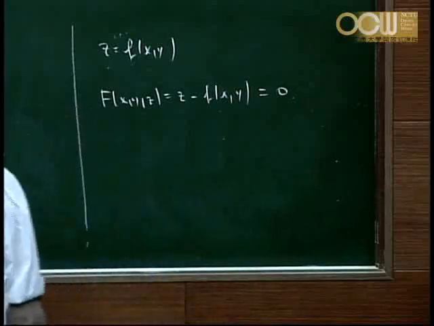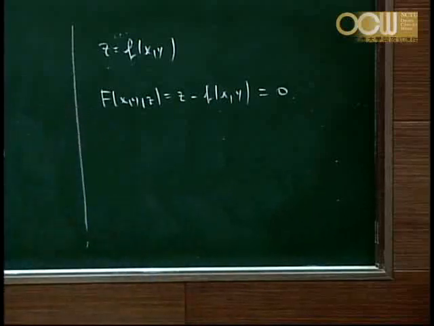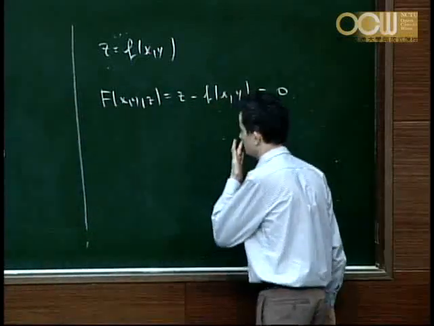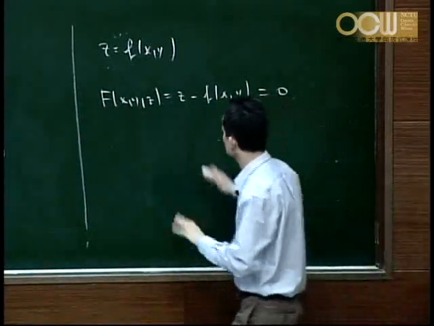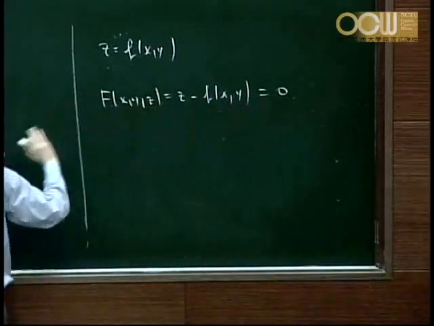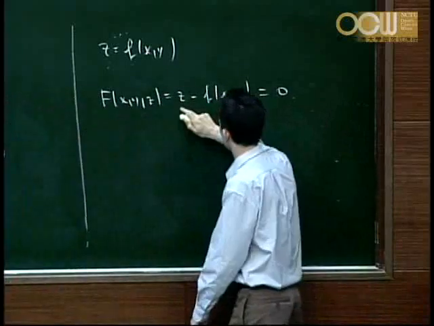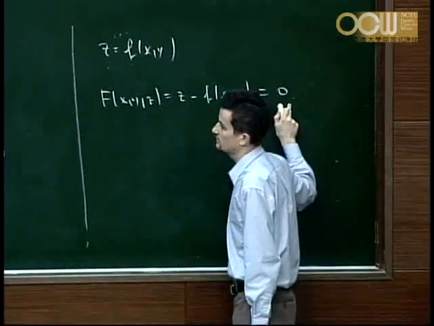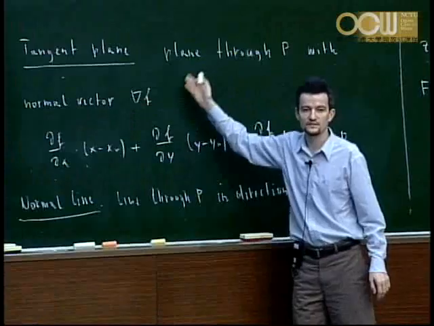So by this new definition, the tangent plane at some point x0, y0, z0 lying on this level curve is given by this plane here.